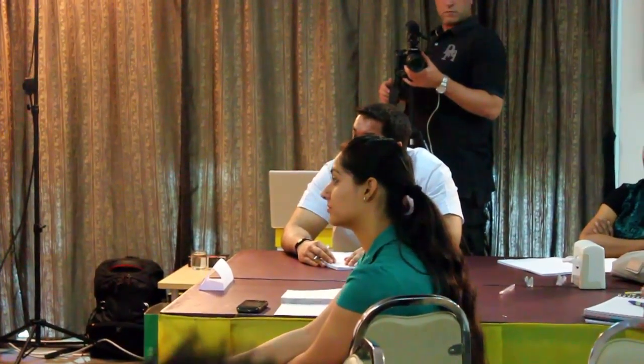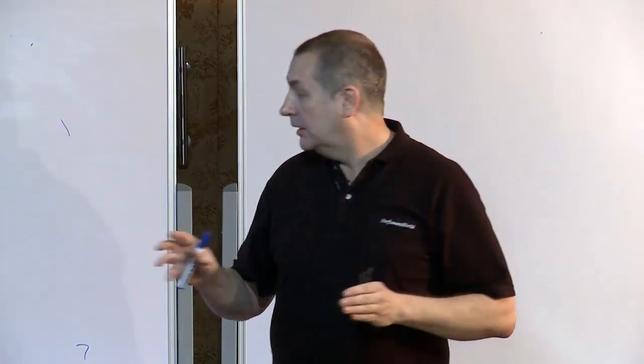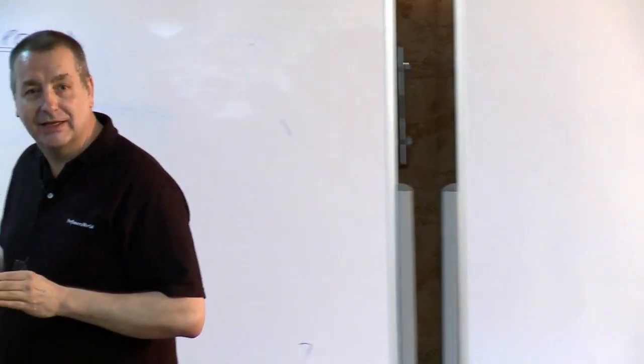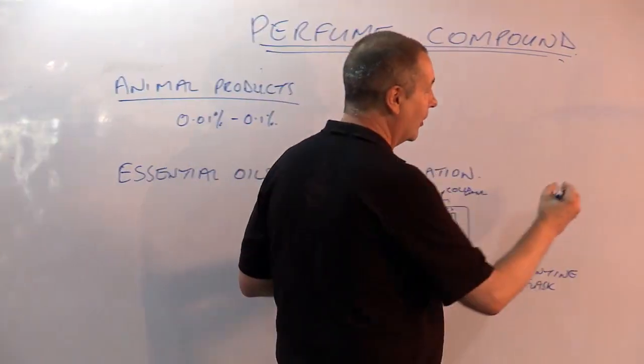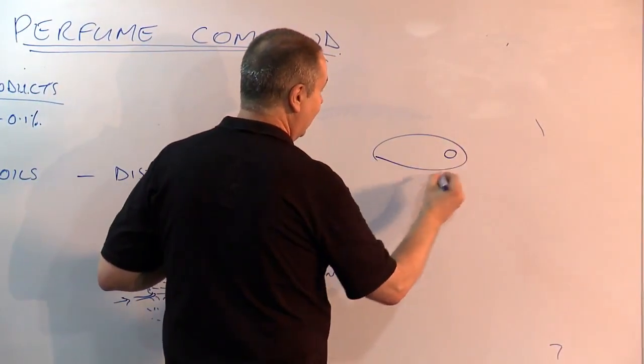Yes, and that's one of the problems with a lot of oils. Vetiver oil and patchouli oil are very often distilled in a still that will not be stainless steel. It'll just be an oil drum.